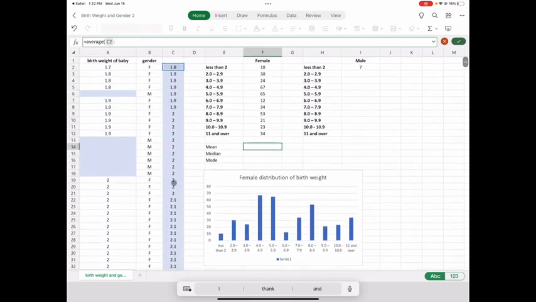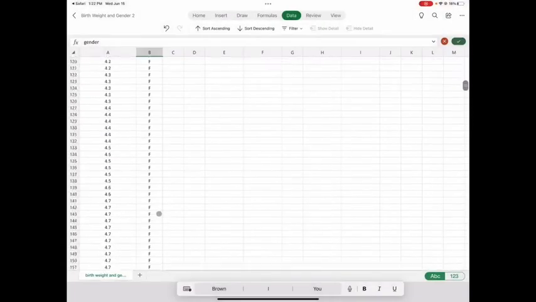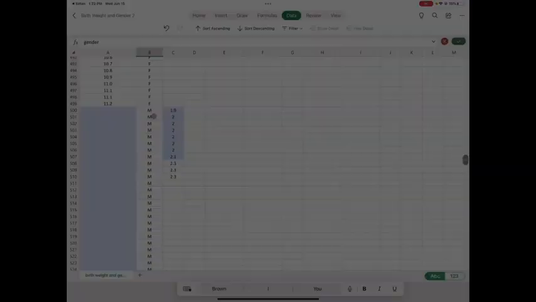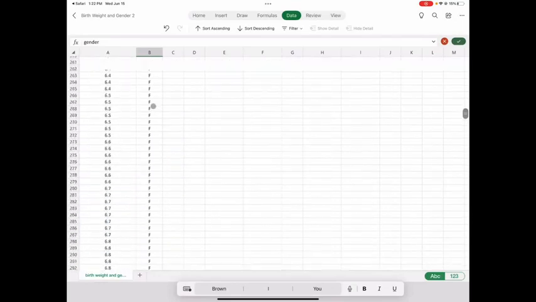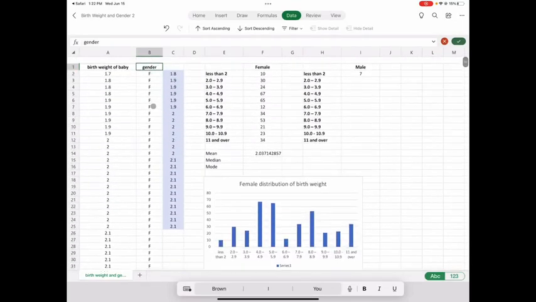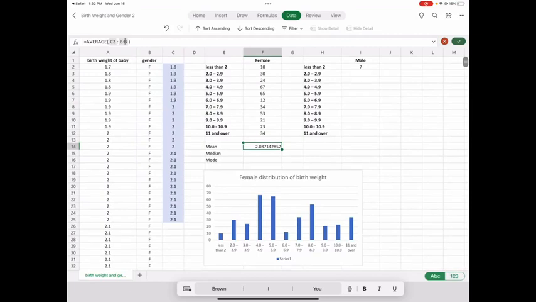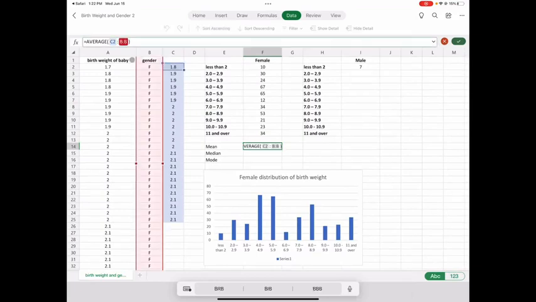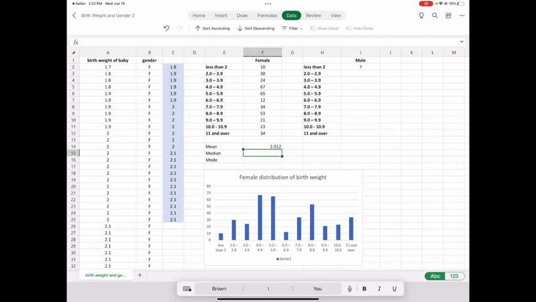This one doesn't have the female sorted, so let me sort the female. I'm going to go down and see which is my last female. It's going to be at 499, so that's going to be from C2 to C500 because it's one lower. And that gives me the mean.